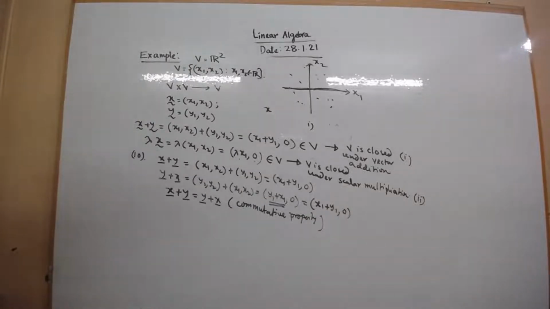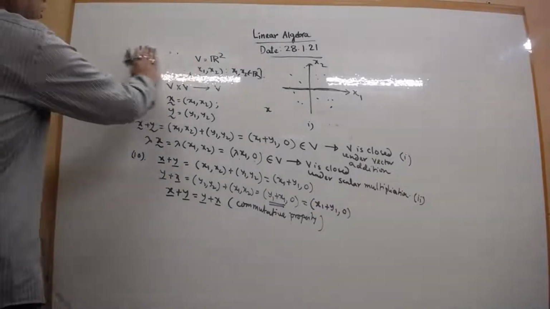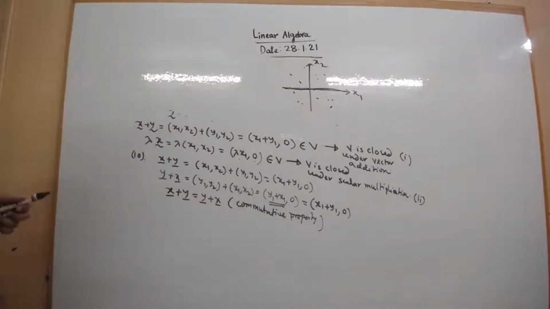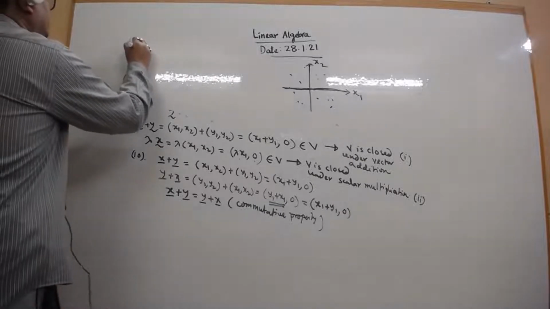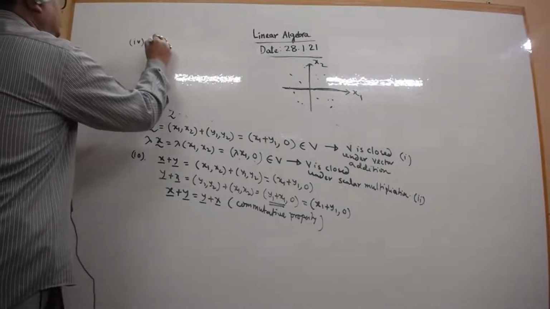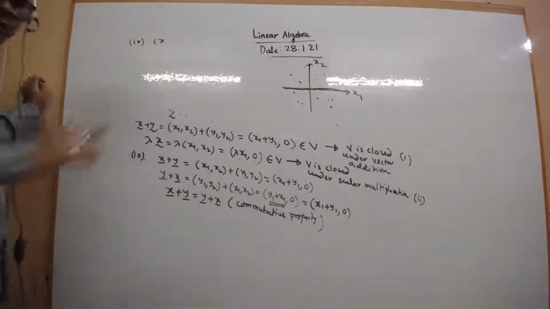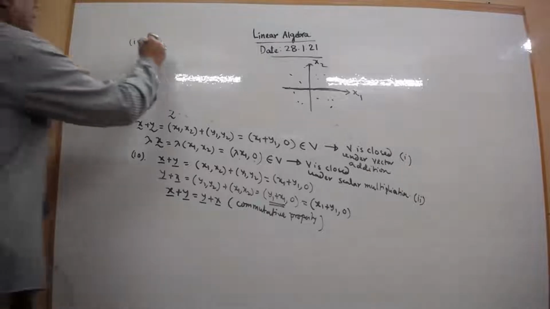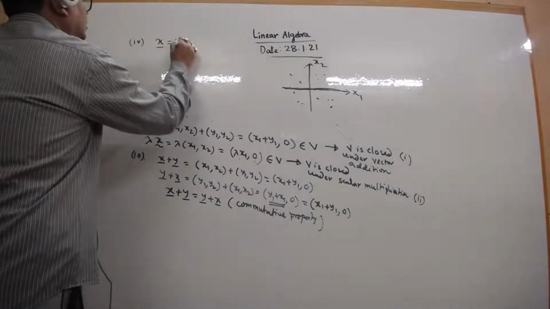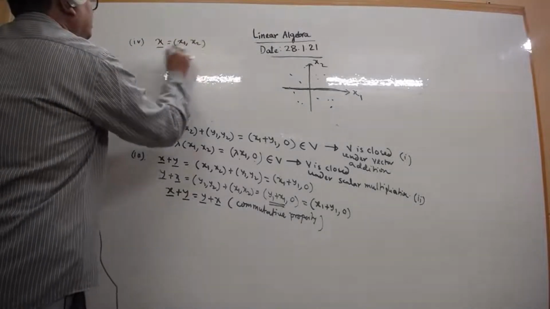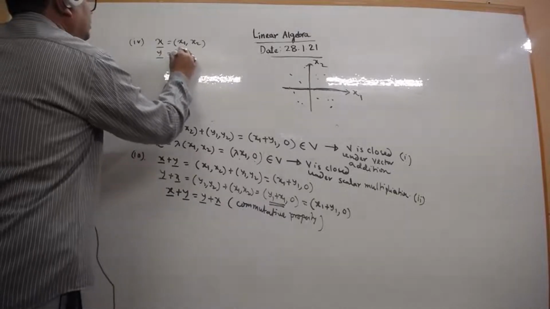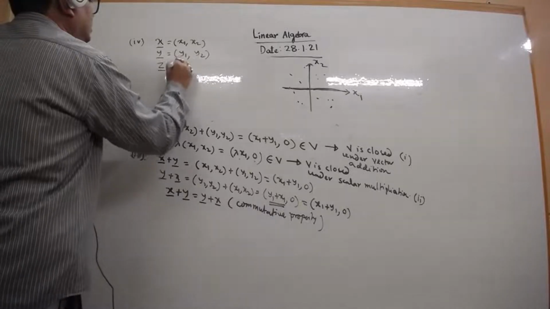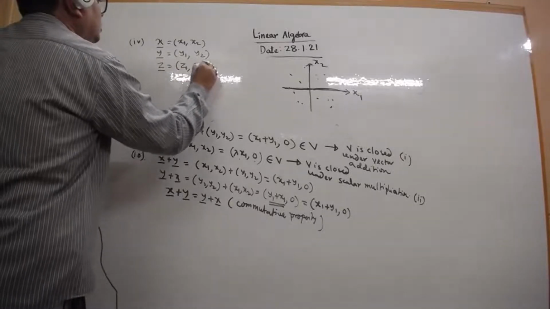Now the fourth property, associativity. I take 3 elements, x curl (x1, x2), y curl (y1, y2), z curl (z1, z2).